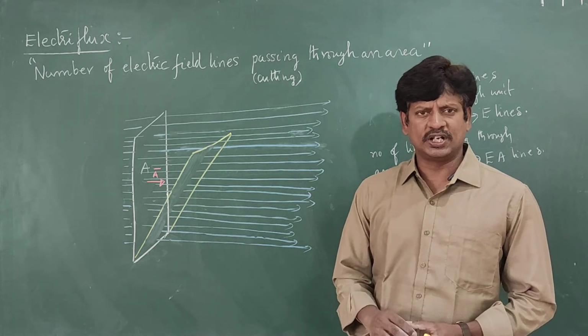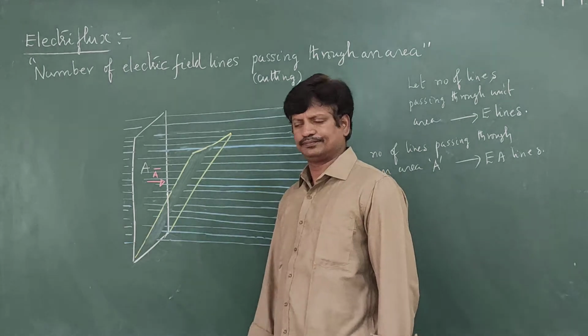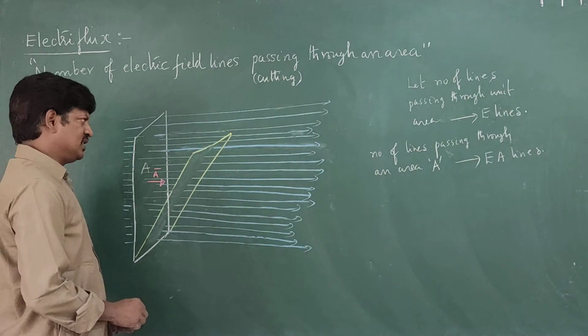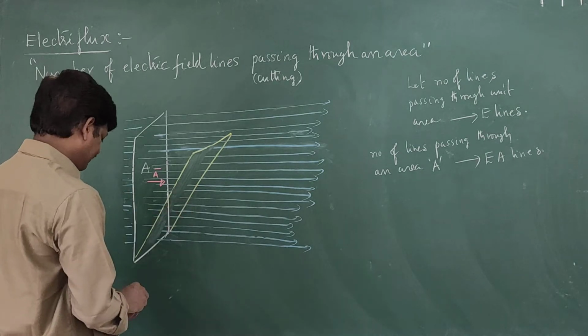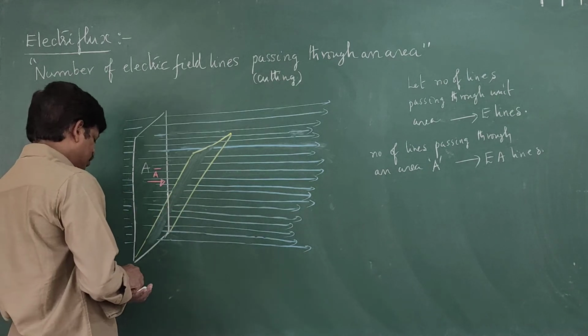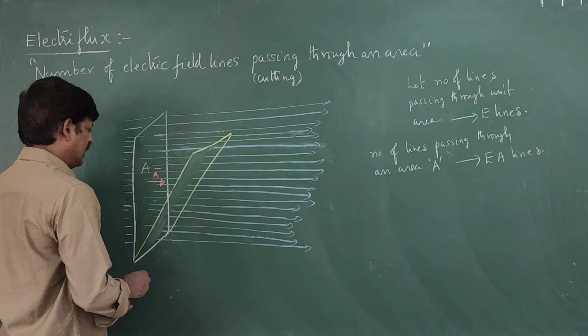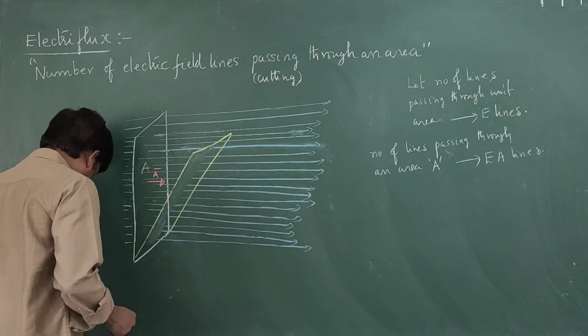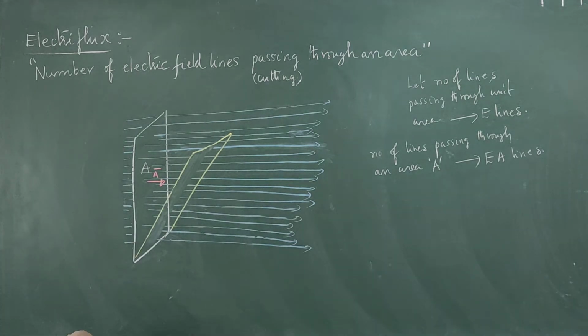Now this area is tilted. How many lines are going through it? We resolve this area into two components.